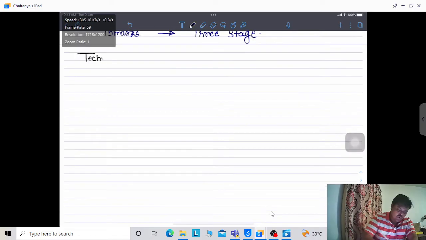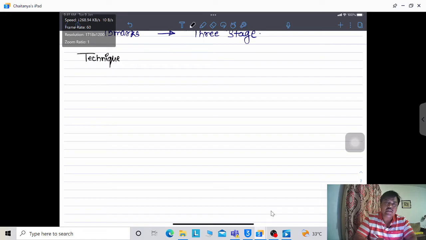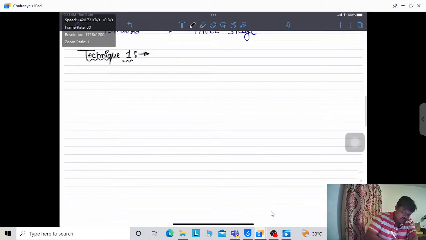Okay, now as we are known with the technical terms, we'll use the techniques to identify our stages and draw accordingly. Okay, now technique number 1 is quite simple.